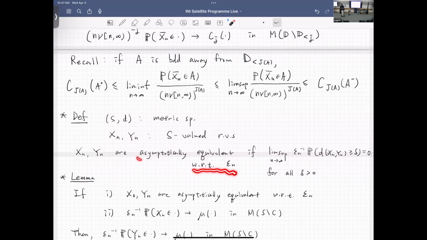The asymptotic equivalence is with respect to epsilon_n.